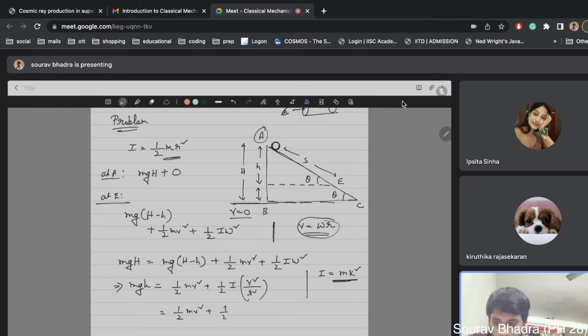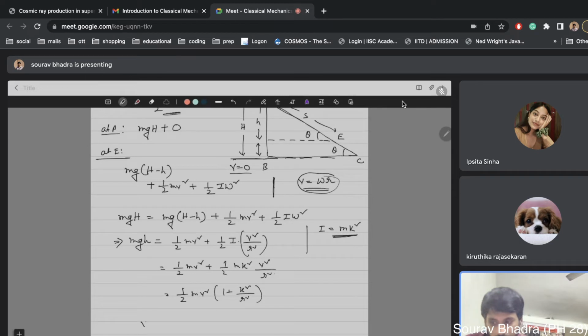Okay, so half this will be mk square v square by r square. Now this will give you 1 plus k square by r square. So your v square is 2gh by 1 plus k square by r square. So you can see why we have written k square like this.